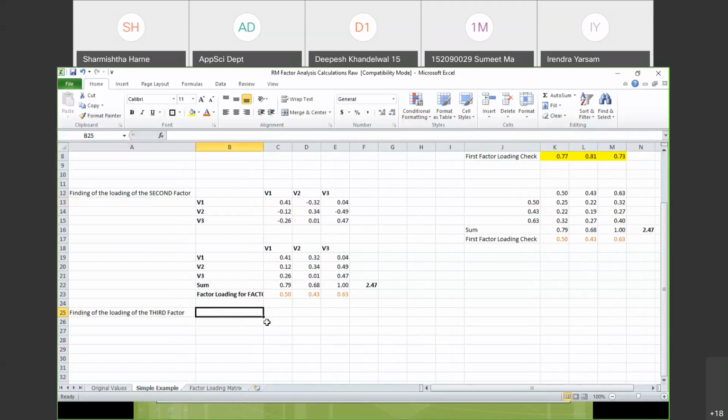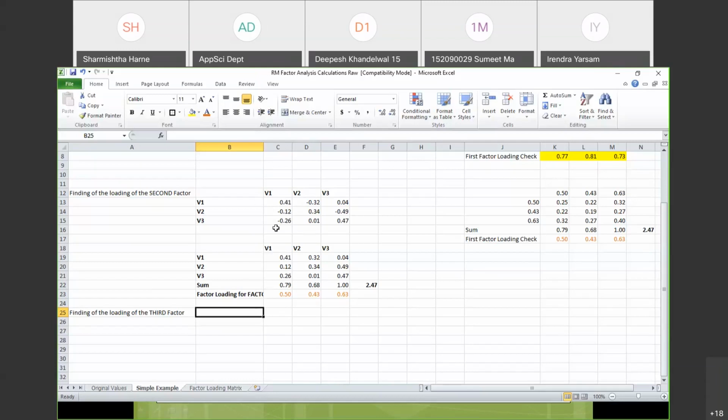कैसे शुरू करेंगे यहाँ पे? So one step is after the second factor, put back the negative values.